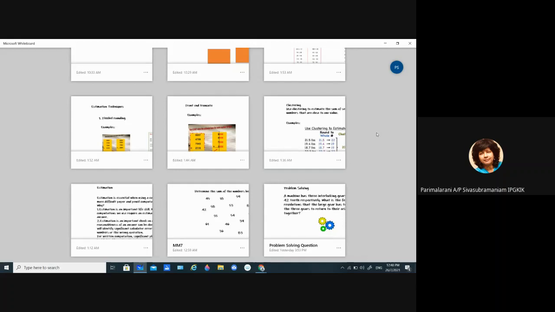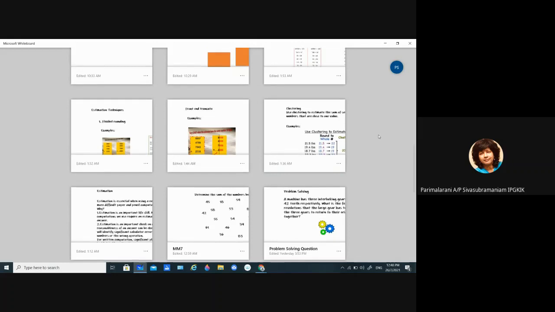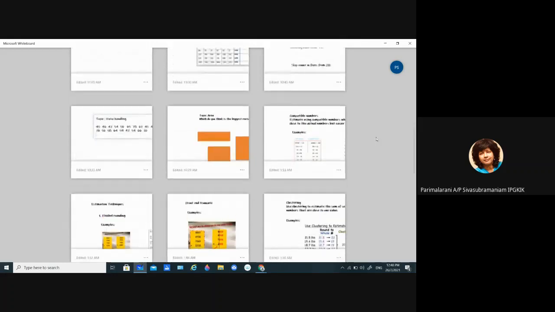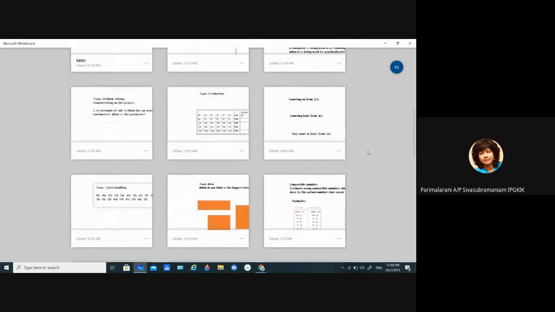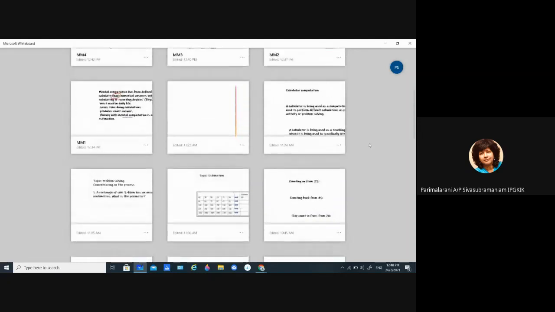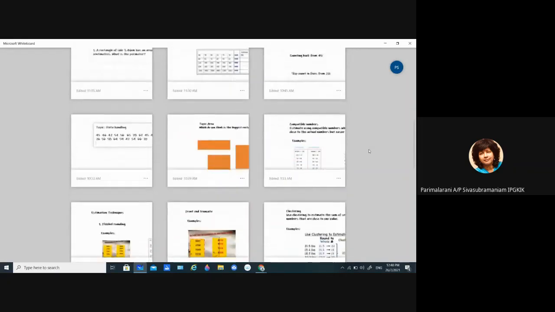The numbers will tell you which strategy to use. Actually, you can use any strategy. But as you do more and more, when you look at it, you will know which strategy to use already. That's why practice is very important. Mental calculation must be taught to the student. They cannot do it if you don't teach them. Okay, so we have finished with that.